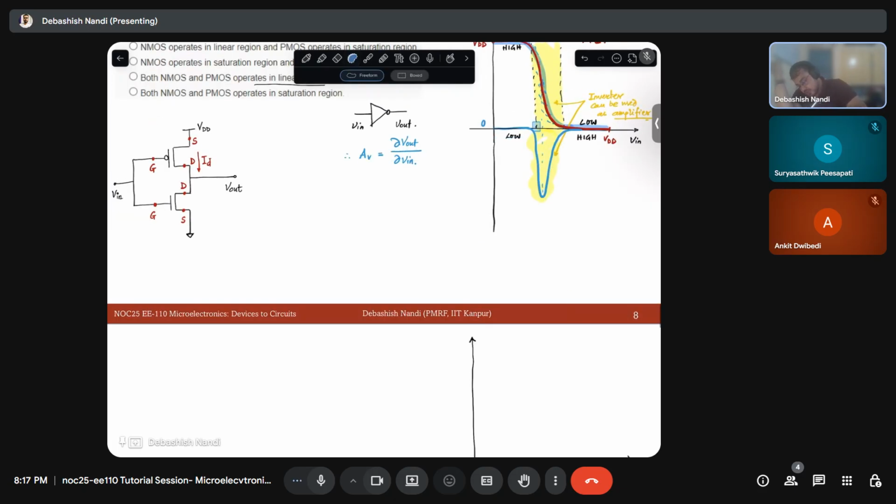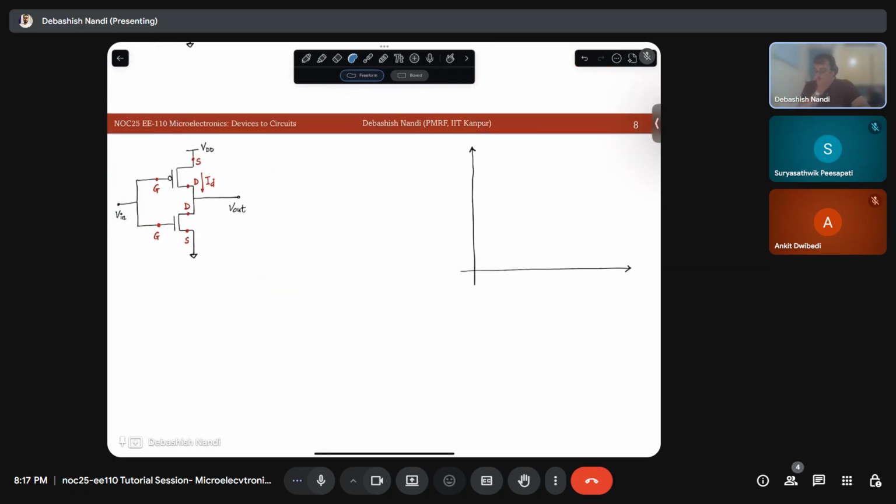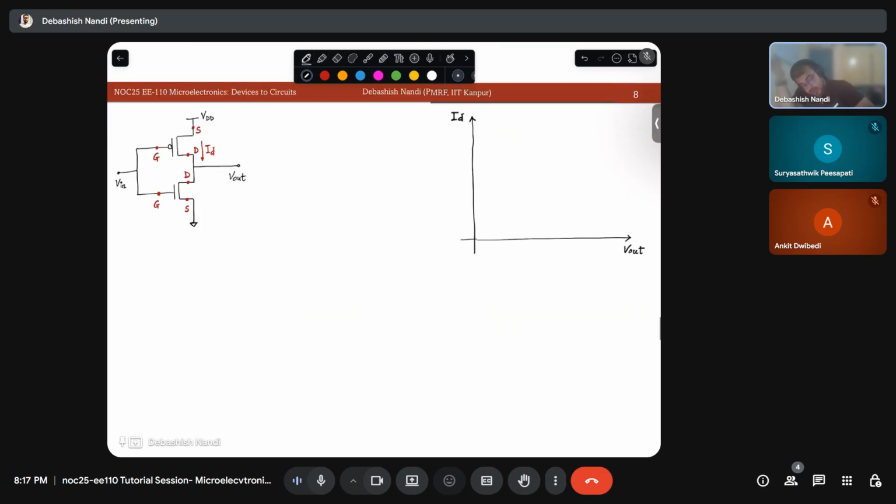Let me just copy this and do it in a fresh page. We'll draw V out versus ID, and parallelly we'll draw V in versus V out.